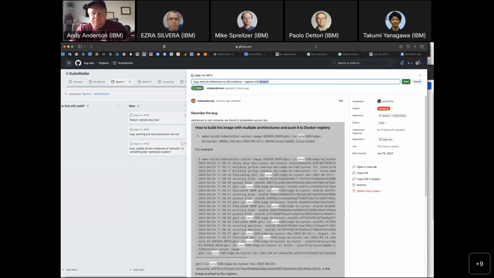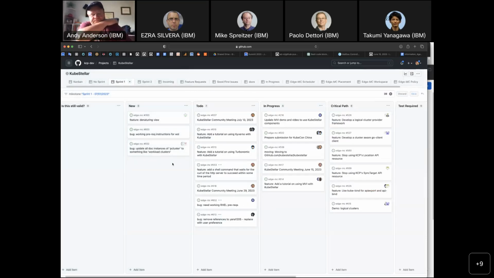Yeah, please open an issue for that, and assign me if you'd like, or I can assign myself. Okay. So currently someone manually builds and pushes the image? Yes. We can do better than that.